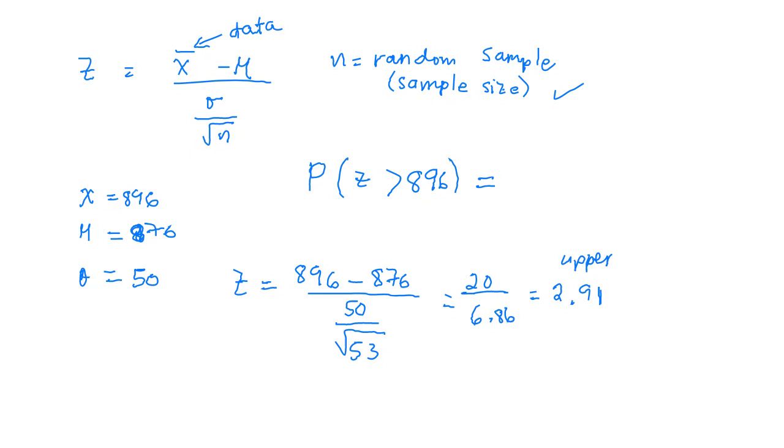Your next step is to do the second vars, normal CDF. The lower, you keep your lower, which is the negative 999.